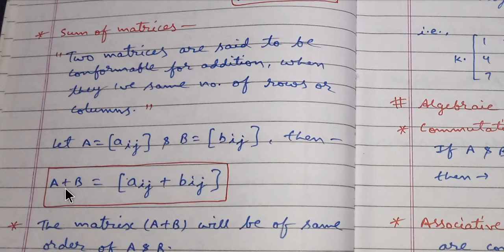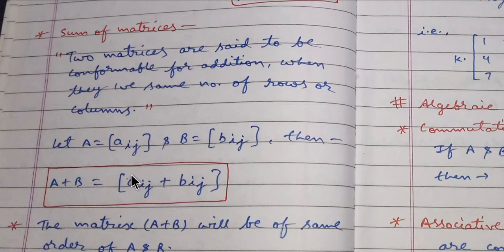The addition of these two matrices is written by adding the corresponding elements of the two matrices simultaneously, like a11 plus b11, a12 plus b12.